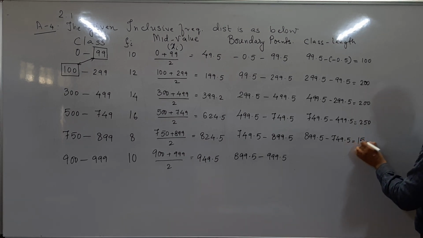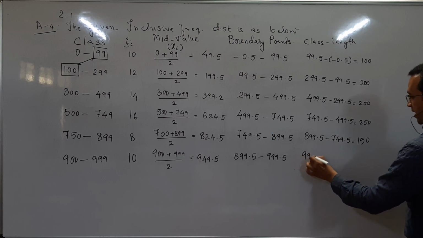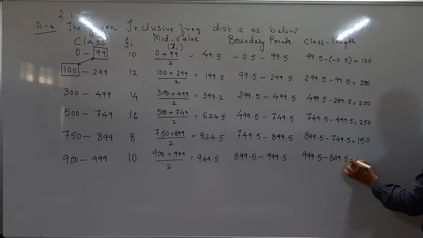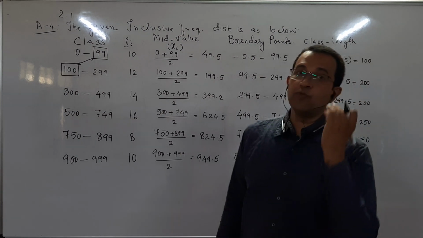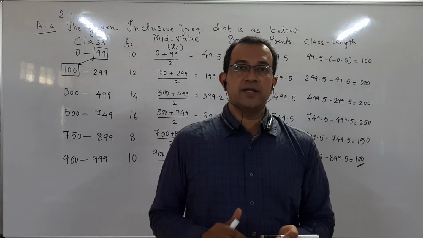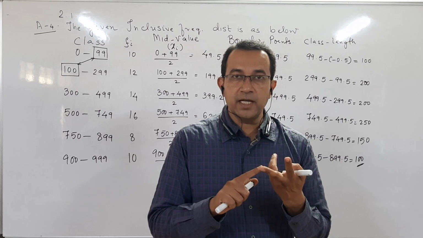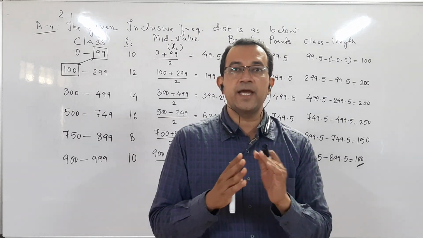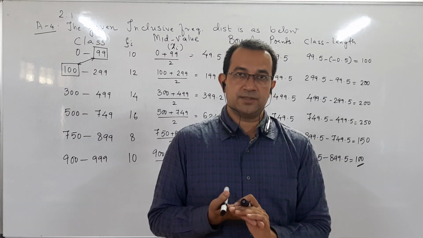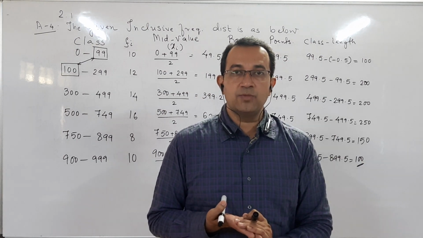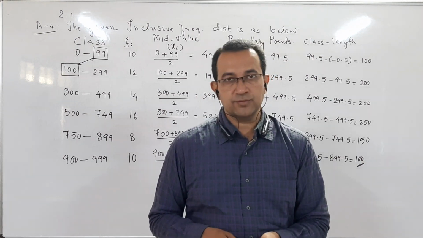And the last class length is 999.5 minus 899.5, so 100. So in one sum we have revised the definition of inclusive, exclusive, mid value, boundary points, everything, and class length. So this type of sums are very important students from concept point of view.